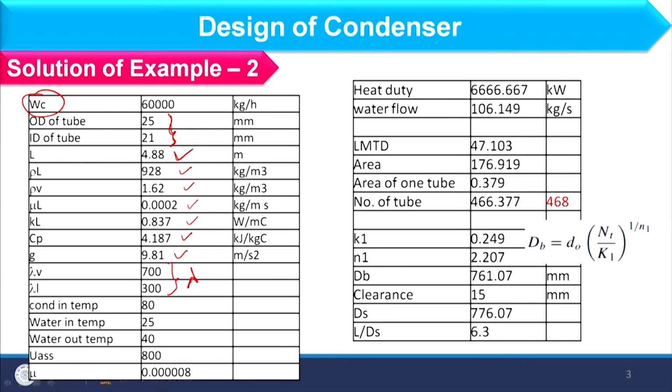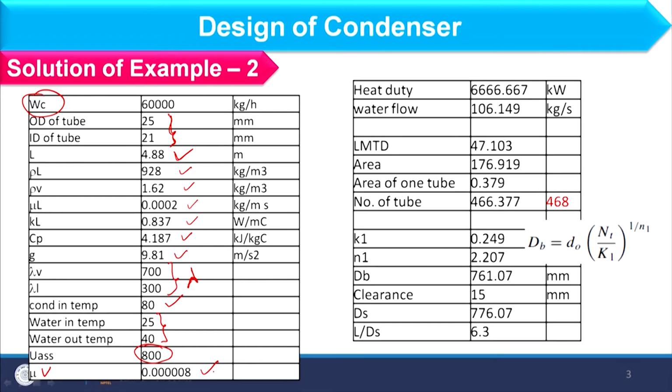The difference of these two will give the lambda value, right. Condensation is carried out at 80 degrees Celsius, water is available from 25 to 40, the assumed overall heat transfer coefficient is 800, and the viscosity of vapor is given as this value.